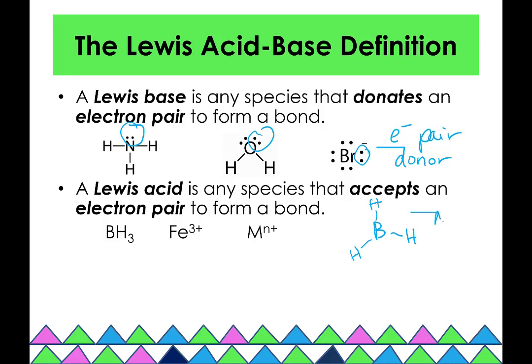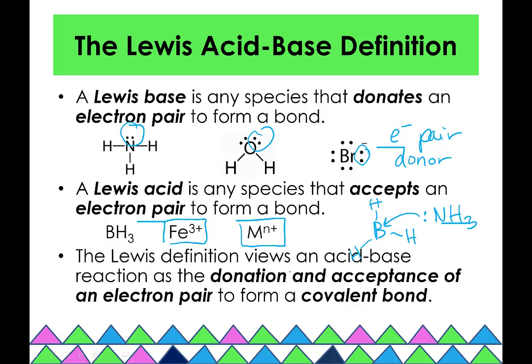So something like ammonia or water, we'll show ammonia as an example, can donate a lone pair and form an adduct. What we're going to be talking a lot about in this class are metal ions acting as Lewis acids. So both iron 3+ or any metal with a positive charge is going to have empty orbitals that can accept electrons.